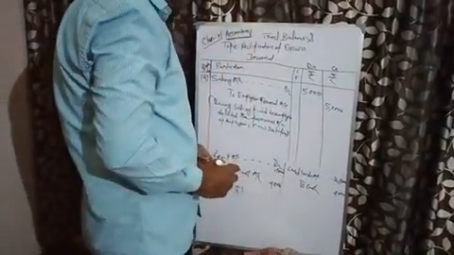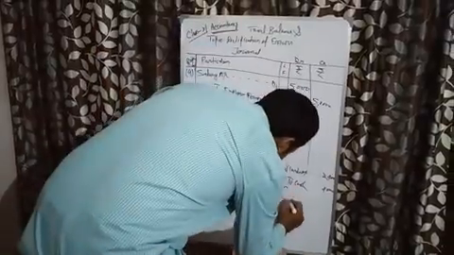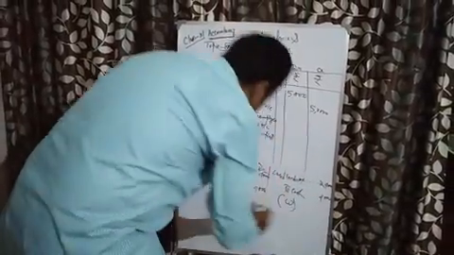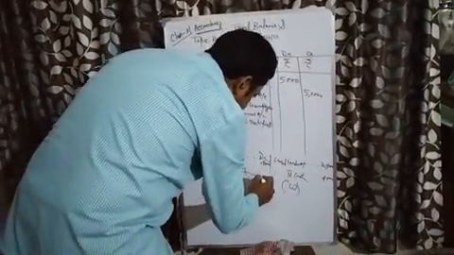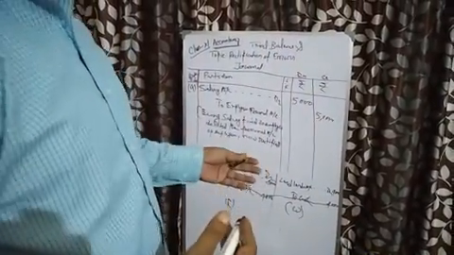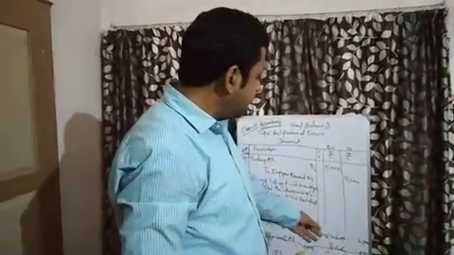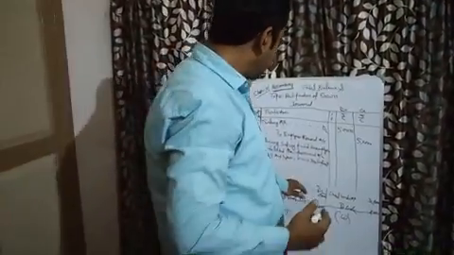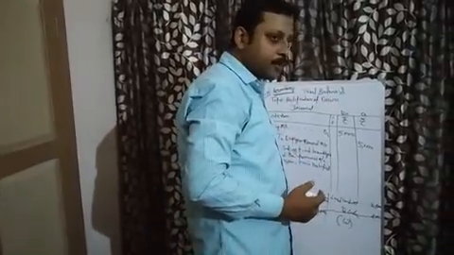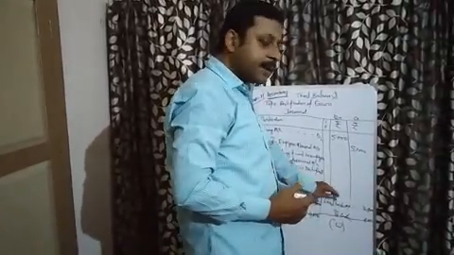So you have to look: the right entry is that, the wrong entry is that. Here also one thing is common, the cash. They credited the cash on both sides, so cash will be ignored. That is the right posting they made.